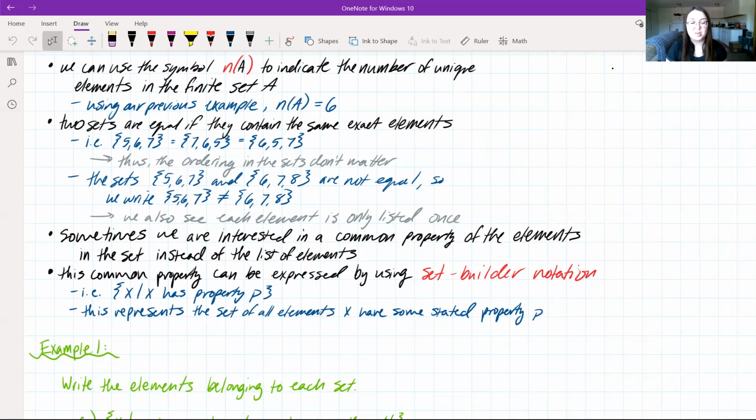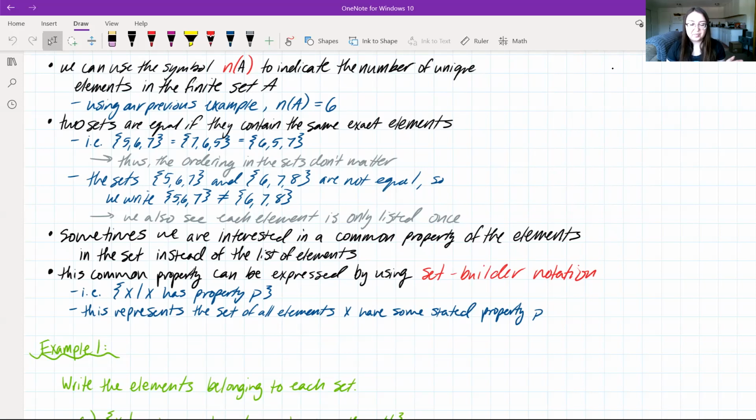We also see, sorry, backtracking a little bit, that the ordering of sets doesn't matter as long as the same identical elements are in the set. You can write them in any order that you want as long as it's the exact same elements.